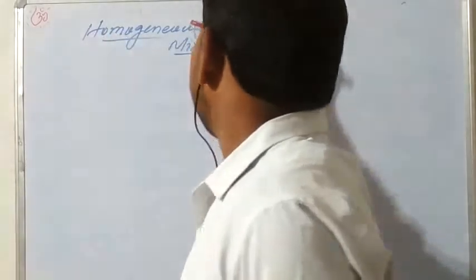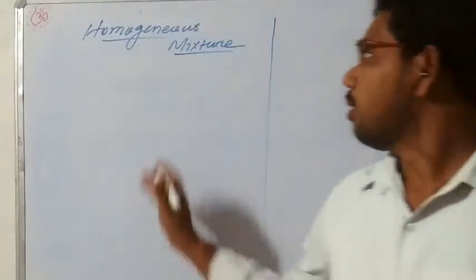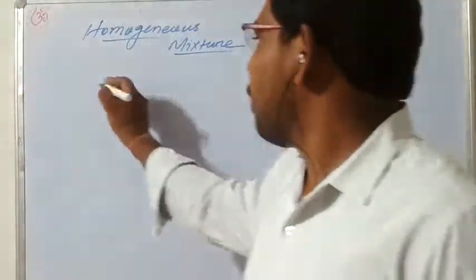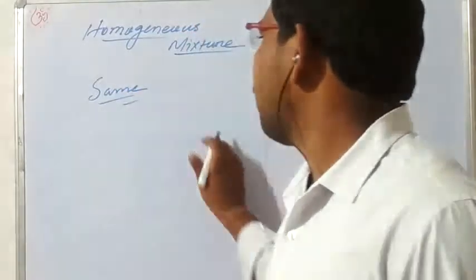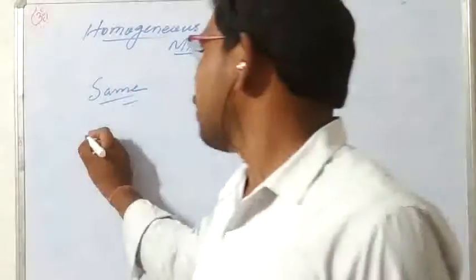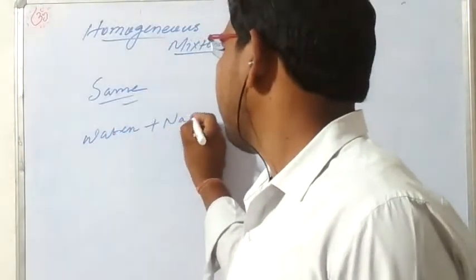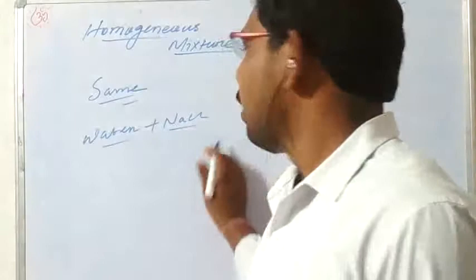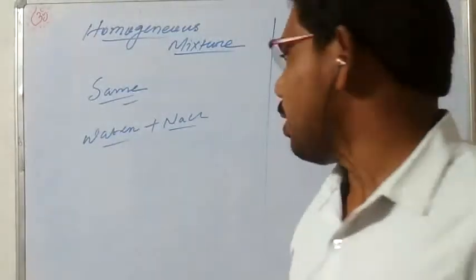For example, a mixture of water plus sodium chloride, NaCl. This one is completely mixed, and a solution is formed. It is a homogeneous mixture.